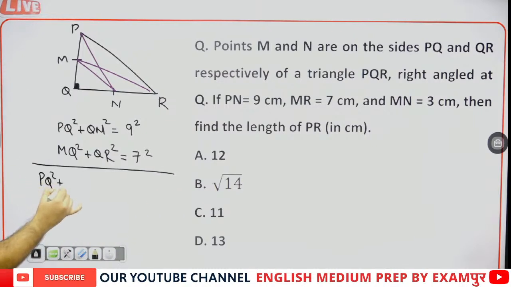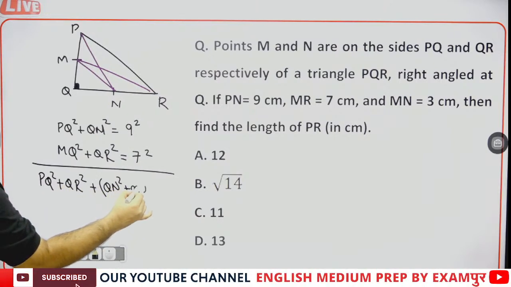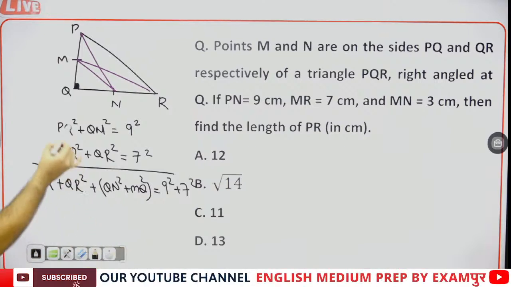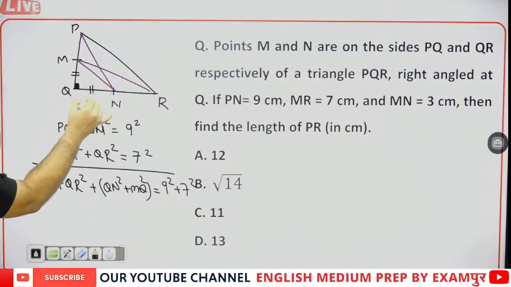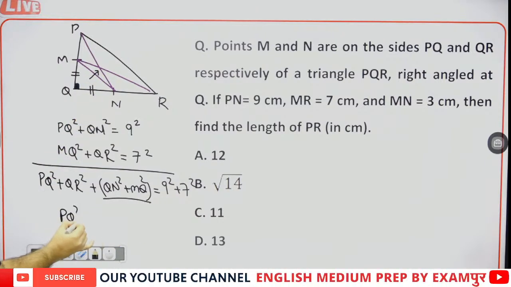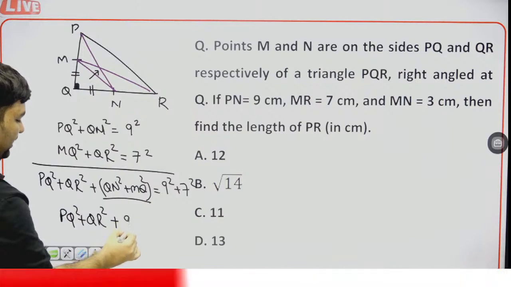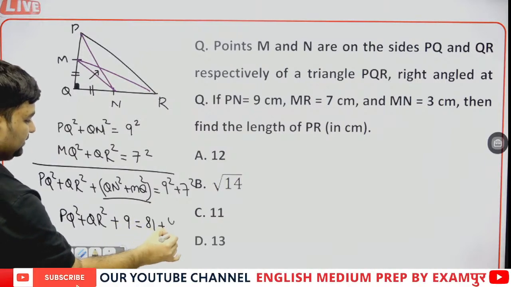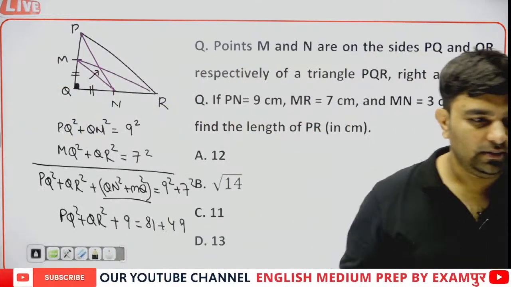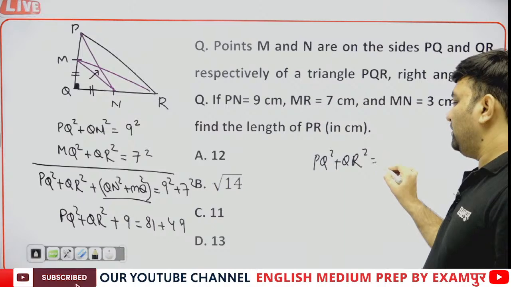PQ square plus QR square plus QN square plus MQ square is equal to 9 square plus 7 square. MQ square plus QN square is basically equal to MN square, and MN is 3, 3 square is 9. 81 plus 49.